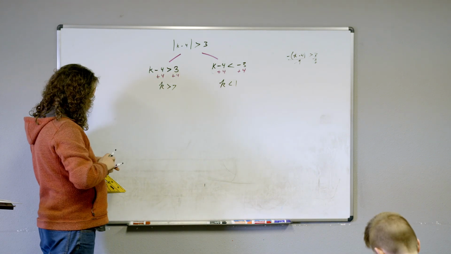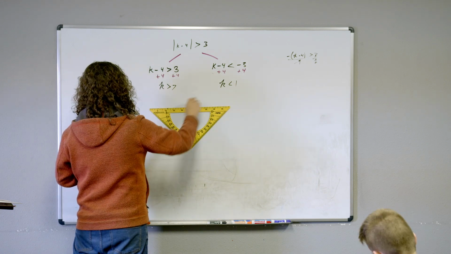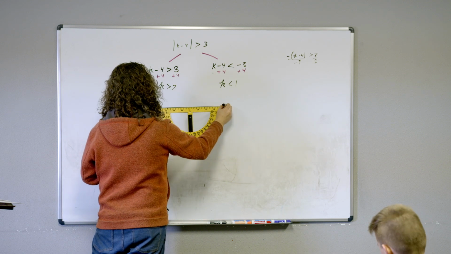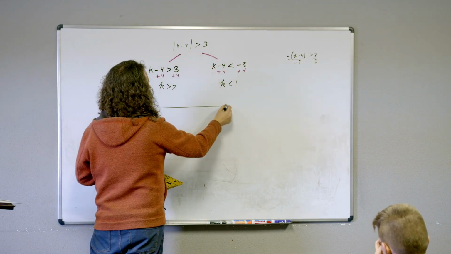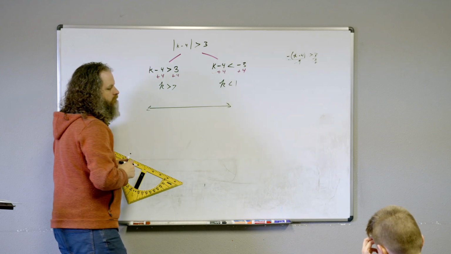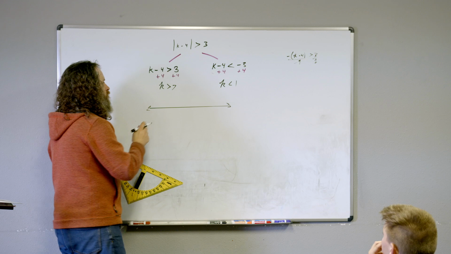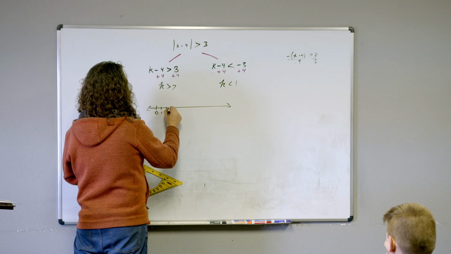Now what? Okay. Now what? The 0 to the far left, and count out 1 to 7.